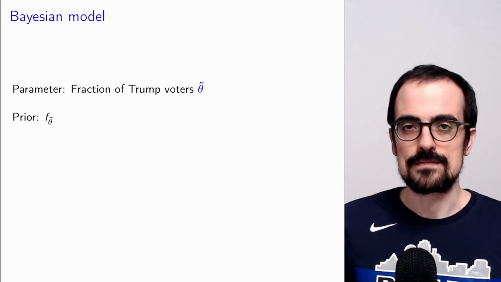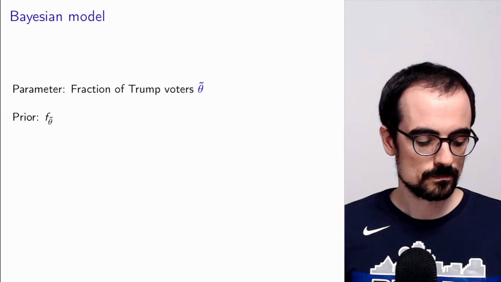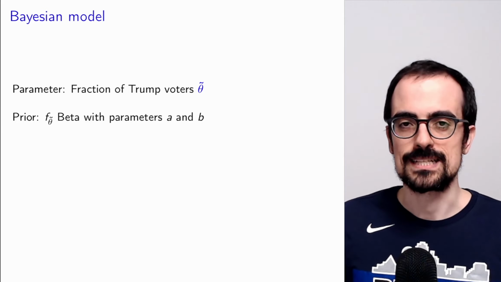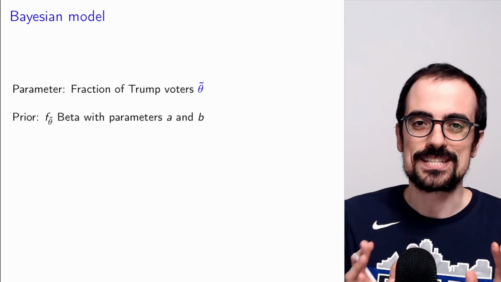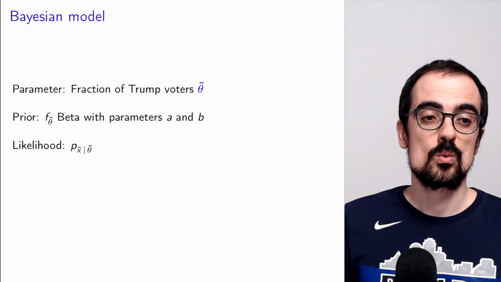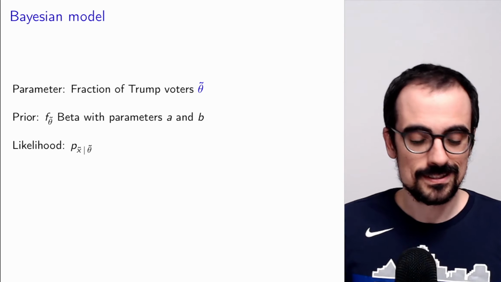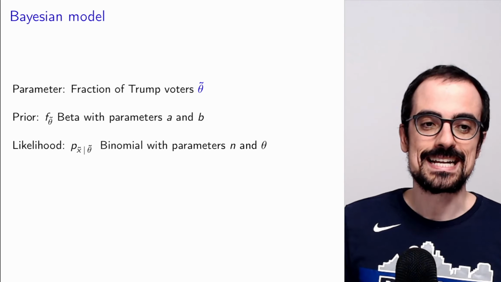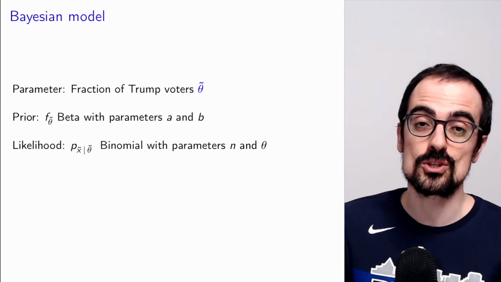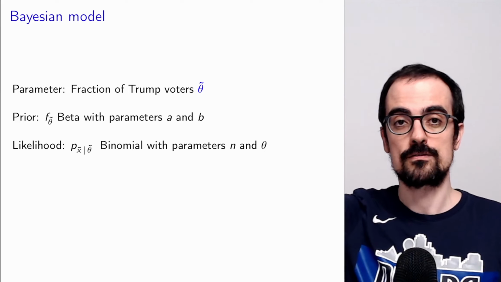So here we're going to have a certain prior. It's going to be very important how we choose that prior, as we will see in a moment. We're going to choose it to be beta with parameters A and B. How you choose the parameters A and B will depend on your prior beliefs. We're going to have a likelihood that is going to be binomial with parameters n and theta. Here we're making the same assumption as in the parametric modeling assumption, where we're imagining that we're choosing people completely at random from Pennsylvania.